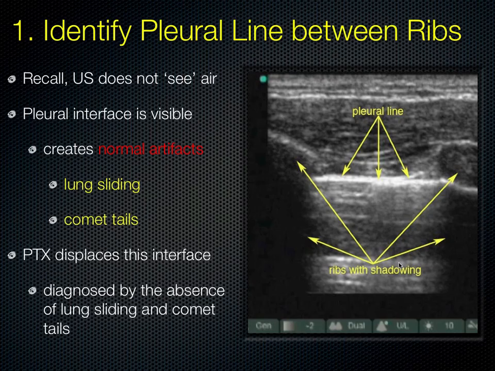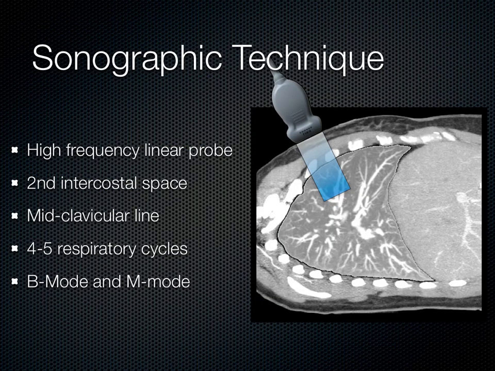You might see some minor B-lines to show you that the interlobular septae are coming up all the way to the chest wall. And you may see some A-lines or not, depending on how much pulmonary edema there is. However, when there's a pneumothorax, this whole interface is affected, and it can create some significant changes. So here's a representation of a linear probe with the indicator towards the head.